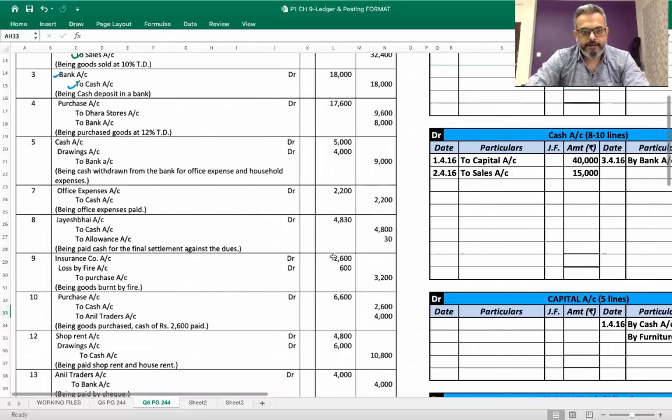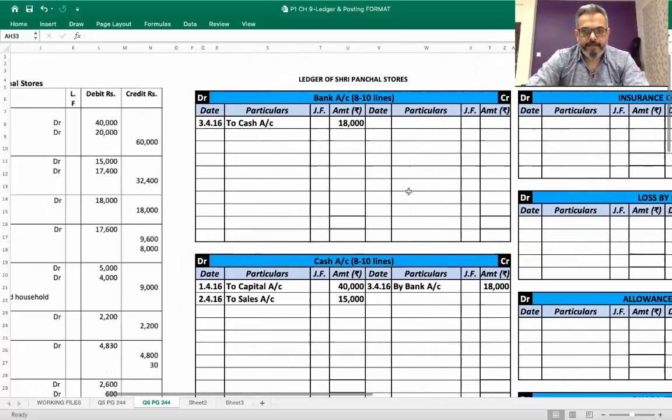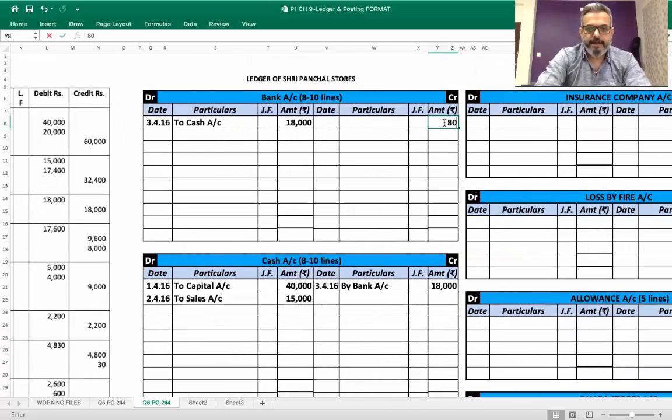And next, bank account credit 8,000. So bank account credit side 8,000 by purchases.